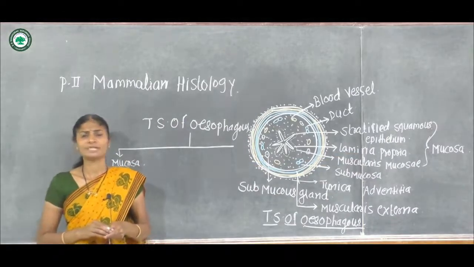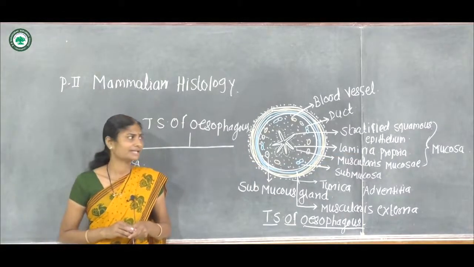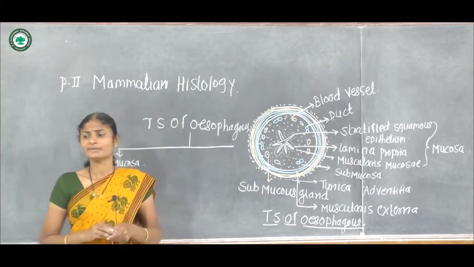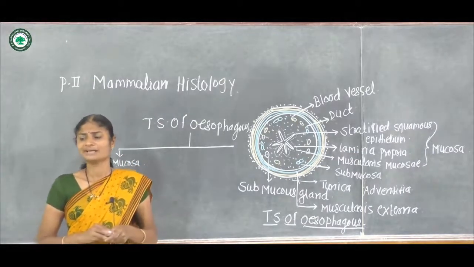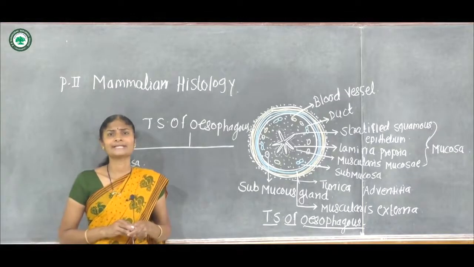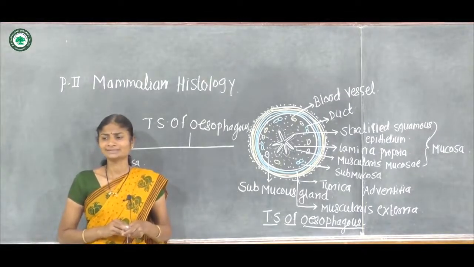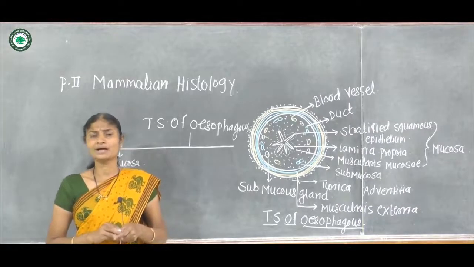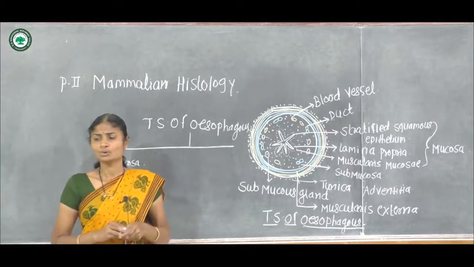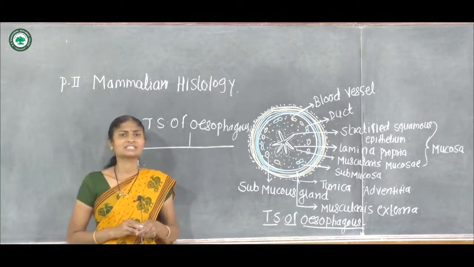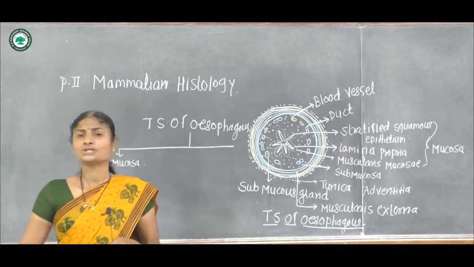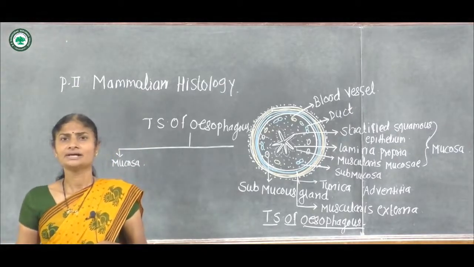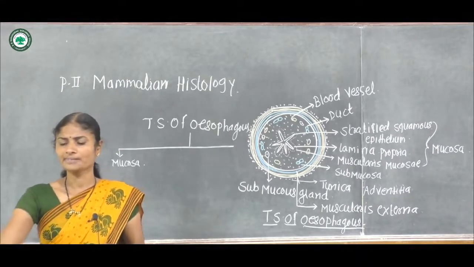The lamina propria contains lymphatic capillaries, blood capillaries, and loose connective tissue. It also contains collagen and elastic fibers that are separately distributed.